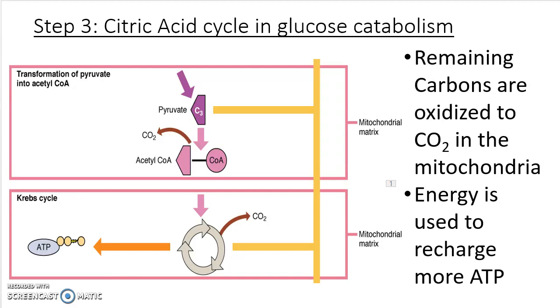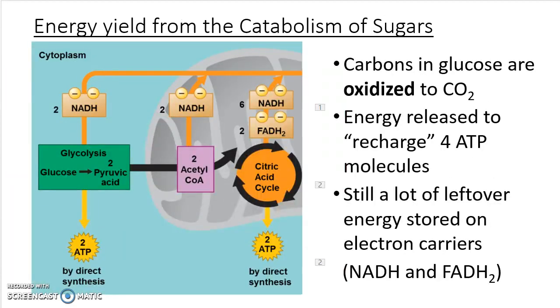And that energy that is coming out of these oxidation reactions is going to be used to recharge more of those ATP molecules. So effectively, what the cell is doing is it's recharging its batteries by transferring the energy out of that glucose and into ATP. And if we look at this process, those carbons in glucose are oxidized to carbon dioxide.